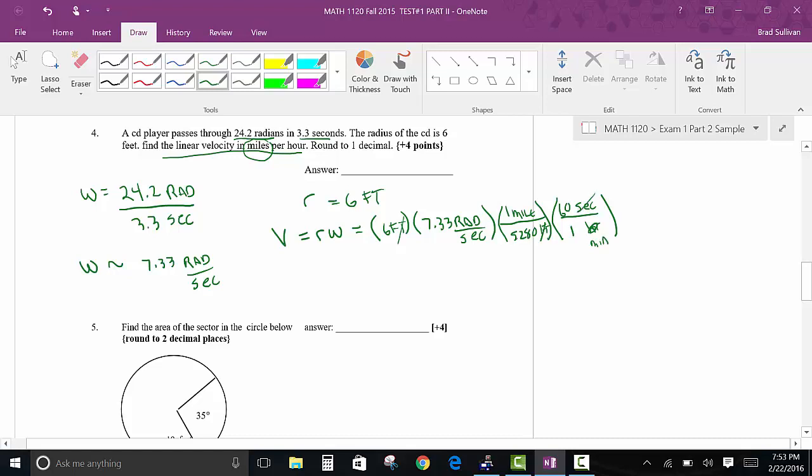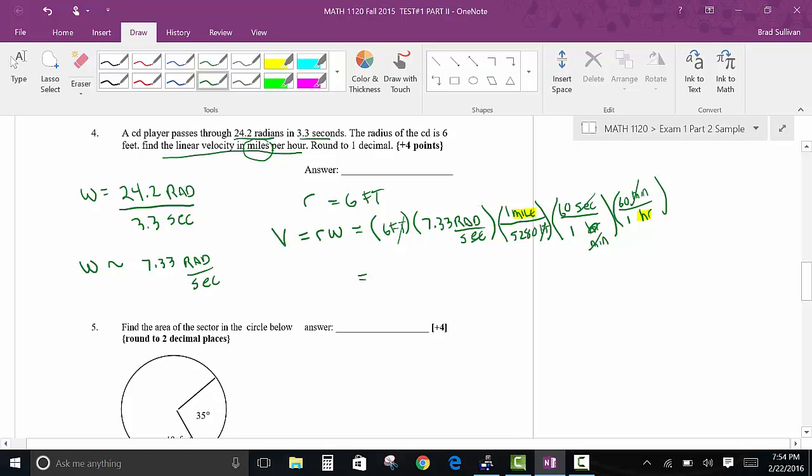Now we're in minutes, so we need to convert the minutes to hours. I put the minutes on top, the hours on bottom, and we know that there's 60 minutes that make up 1 hour. You can see how the units go. After we crossed everything out, we have miles and then we have an hour. All these units crossed out the way they were supposed to.